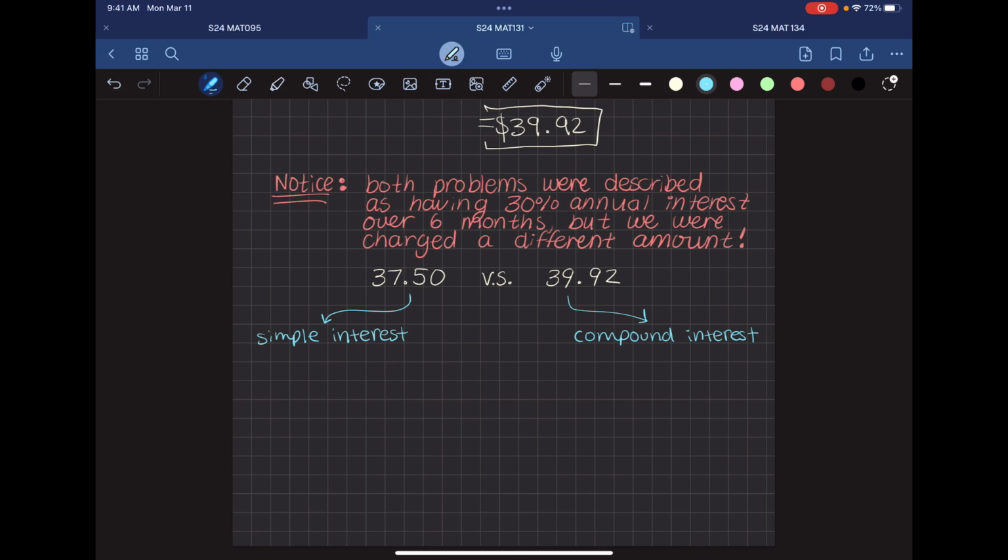If we want to look at the actual percentage interest that we earned, we could look at the dollar amount of interest that we earned and divide by the amount that was originally invested into the account. So we could look at this $37.50 divided by the amount that we had invested, which was $250. If you type that into a calculator, you get 0.15.